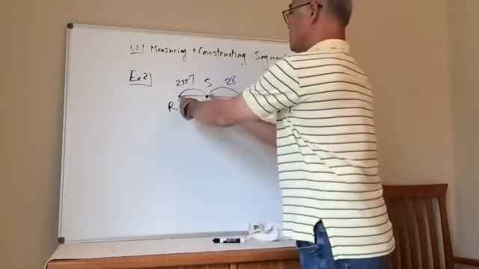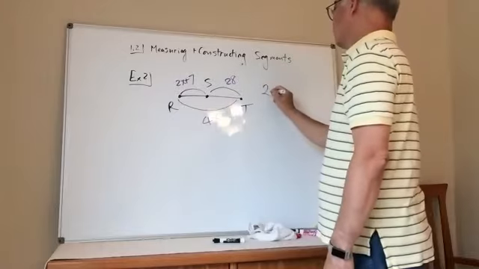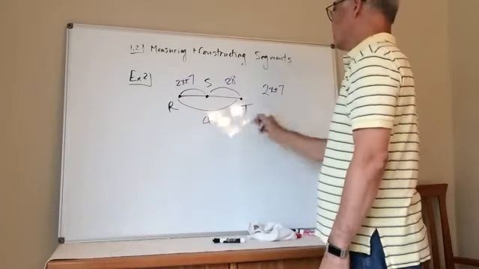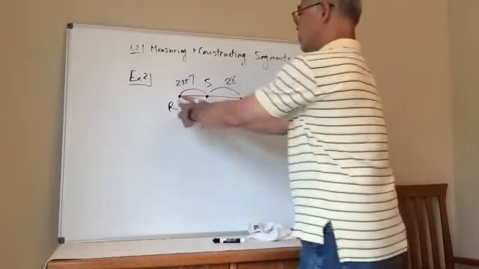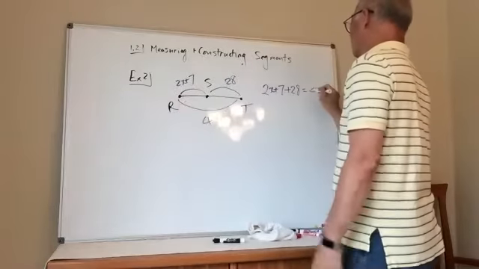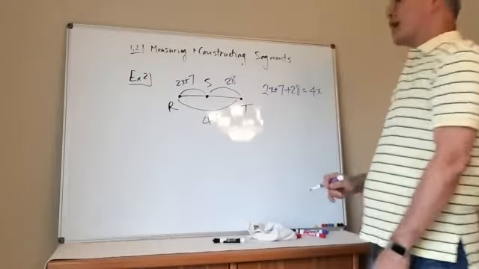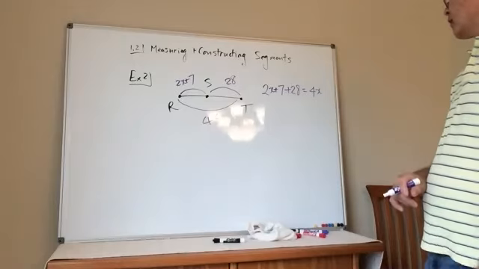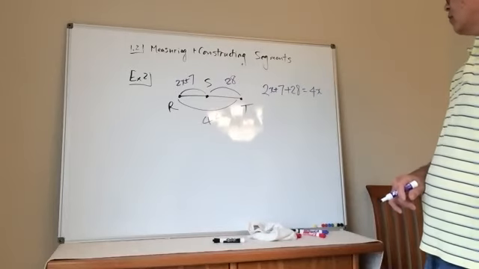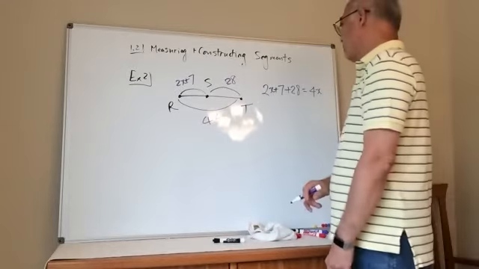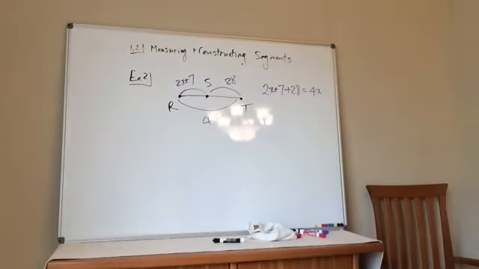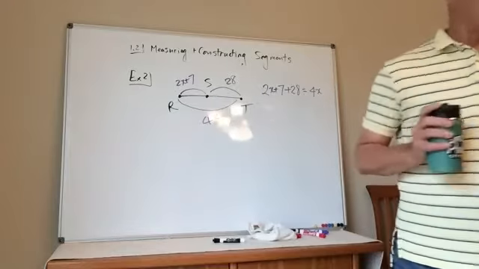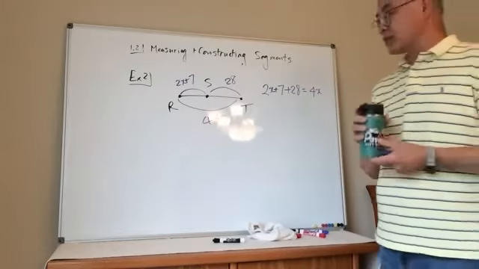So 2x plus 7 plus the 28 is equal to the entire length, which is 4x. So, what do we have here? Can anybody help me solve this? Jackson, unmute yourself. Walk me through this.